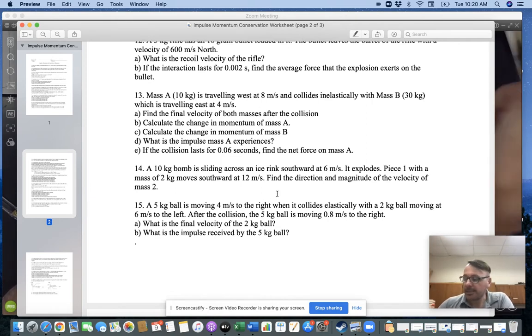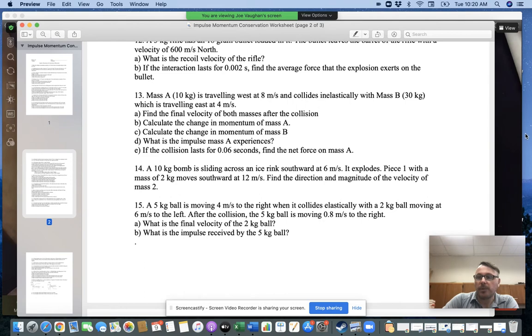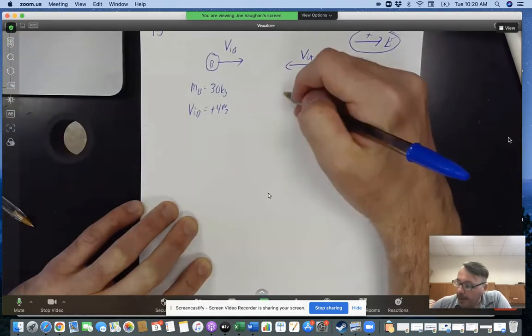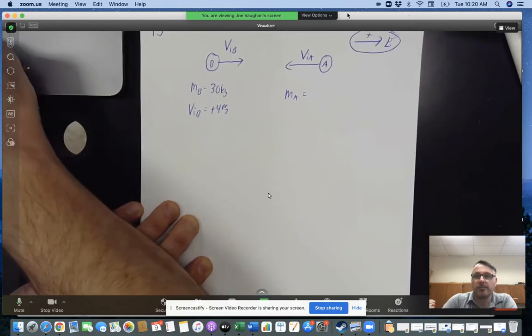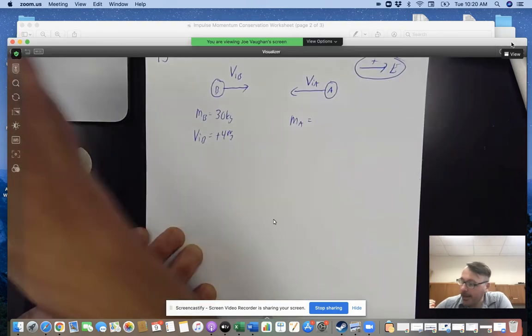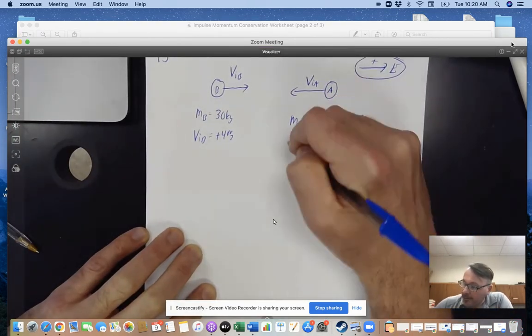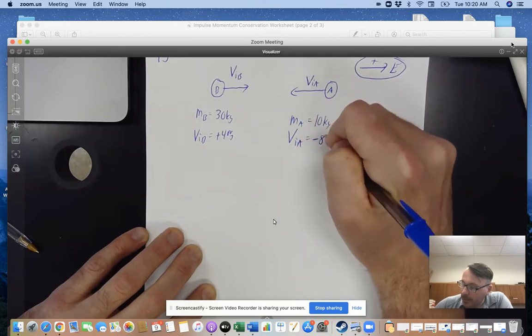So let's get our information here. I've got mass B is equal to 30 kilograms, and because I made east positive, v_iB is a positive 4 meters per second. Let me go back to my problem. Mass A is equal to, and here's short attention span theater, I already forgot what the number is, 10 kilograms, and v_iA is equal to -8 meters per second.